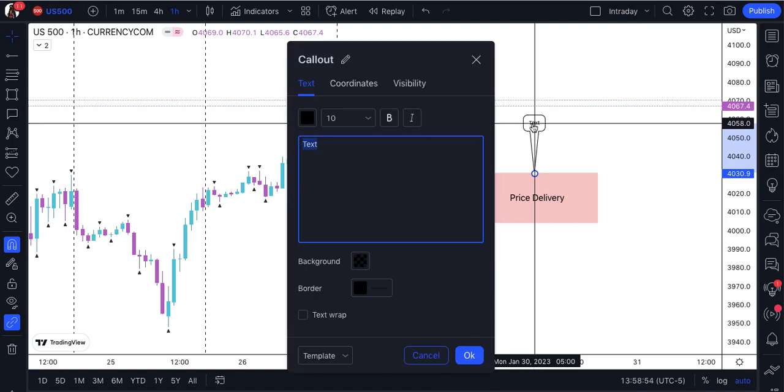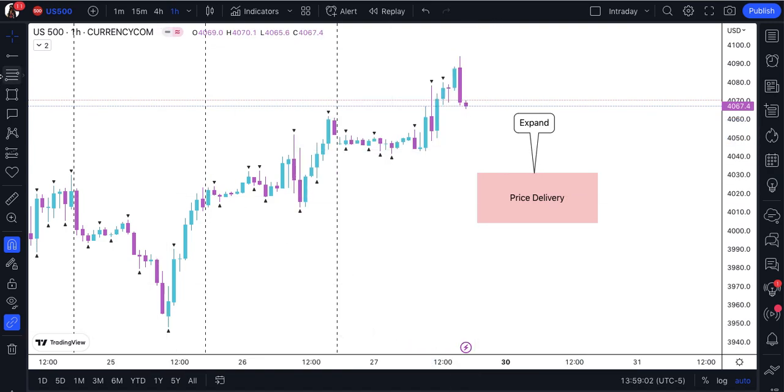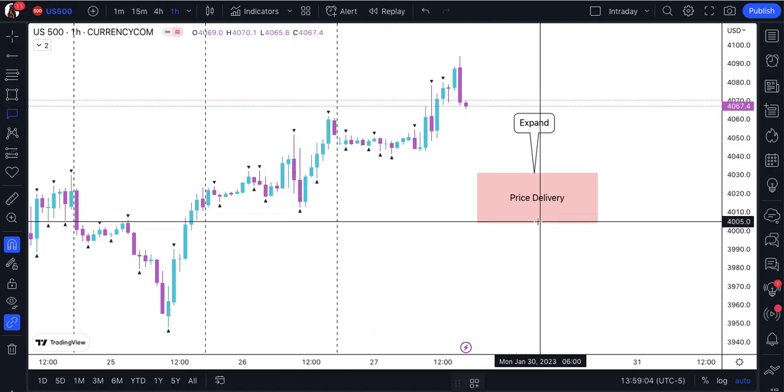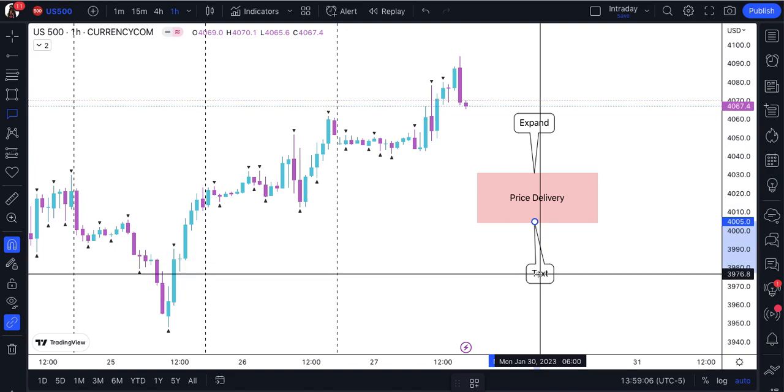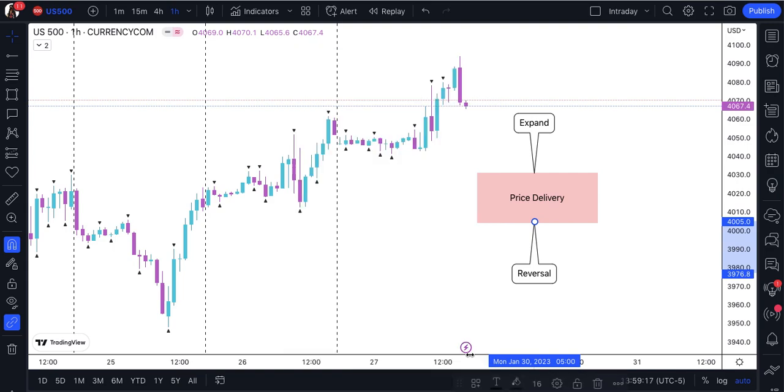So price will either expand. It comes in phases. And remember, price is fractal, so it's doing this on all time frames. We can do a reversal.